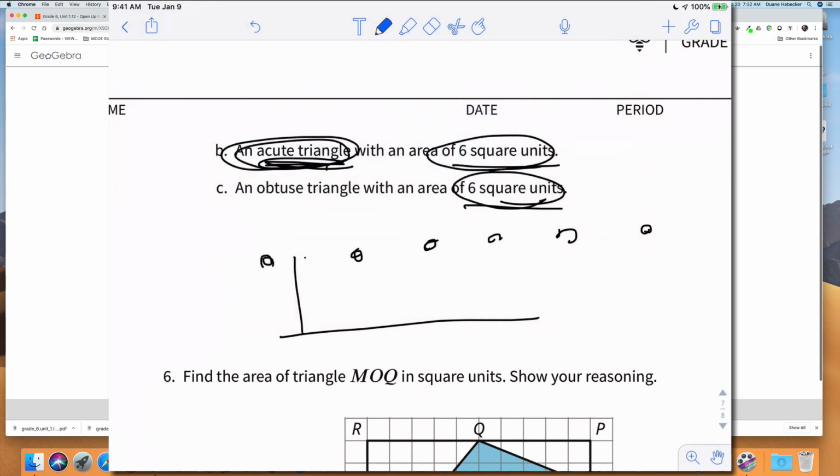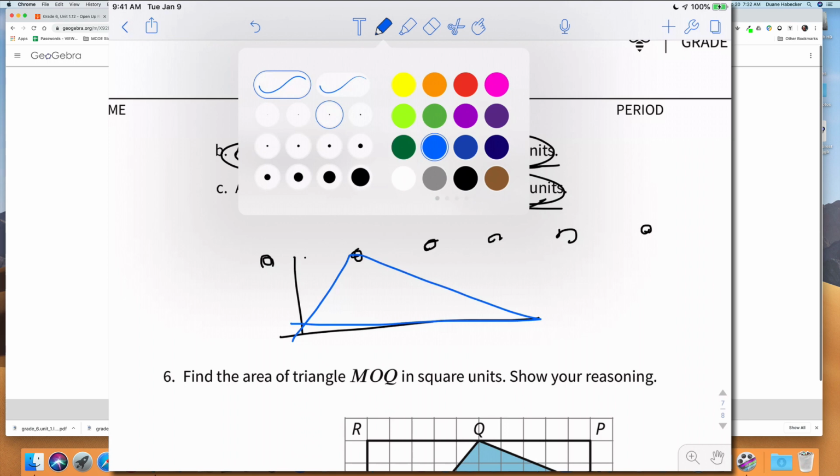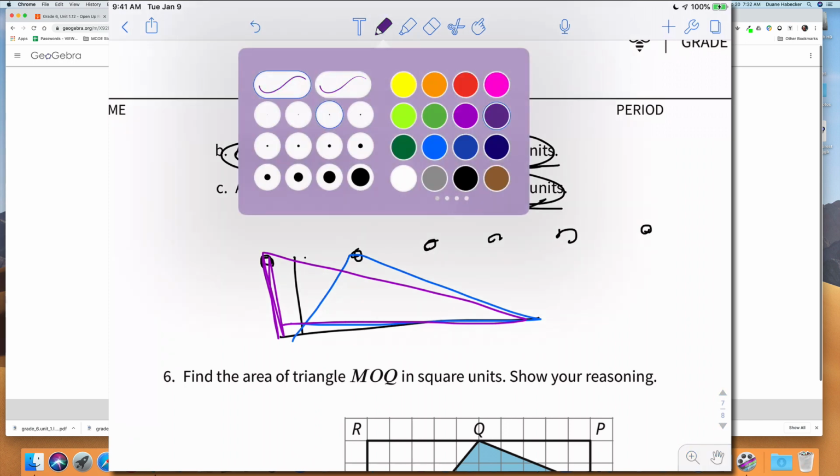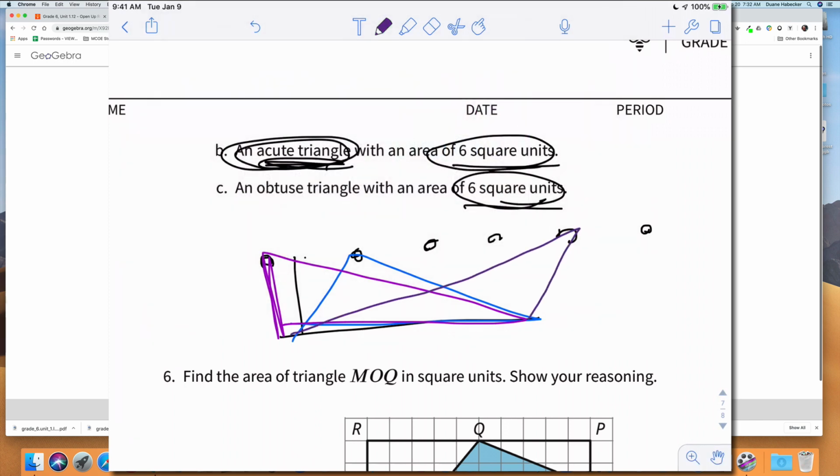So one triangle might look like this, and then another triangle might look like this, and then a final triangle might look like some crazy triangle like that.